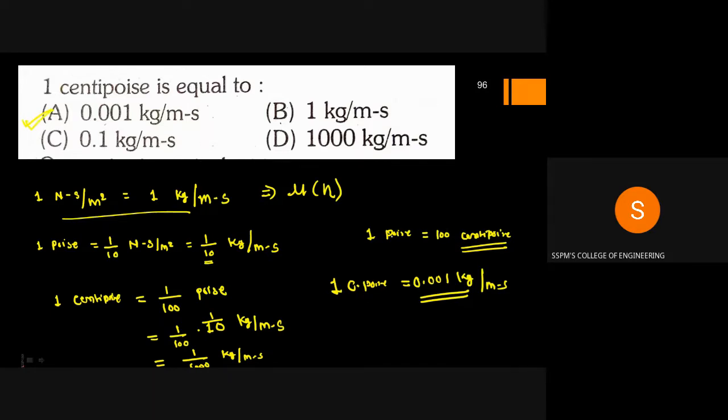You should know these relations. 1 poise is equal to 100 centipoise, or 1 centipoise is equal to 1 upon 100 poise. And the second relation is 1 poise is equal to 1 by 10th of Newton second per meter square, or 1 by 10th of kg upon meter second.